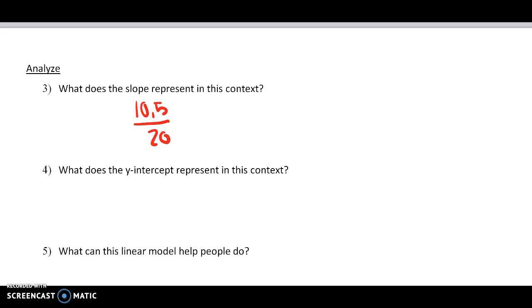Remember, this 10.5 came from the change in y, and this 20 came from the change in x. So what it's saying is your y values are changing by 10.5 over time, and your x's are changing by 20 over time.